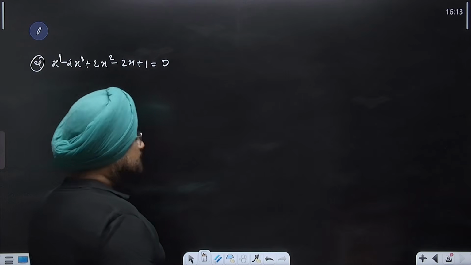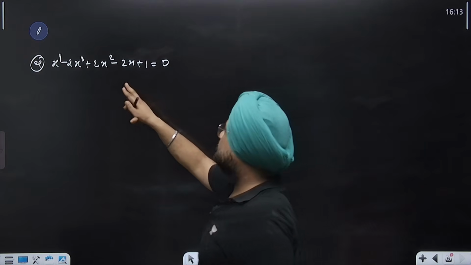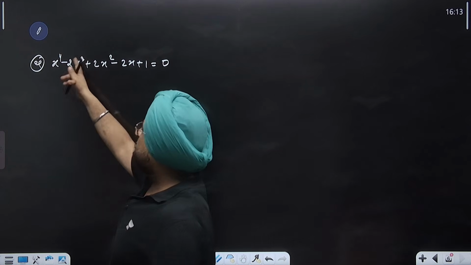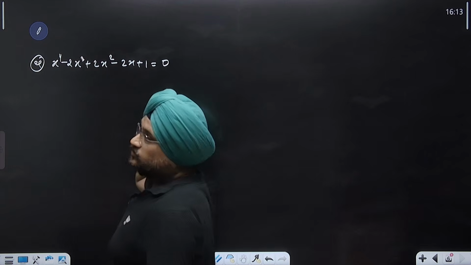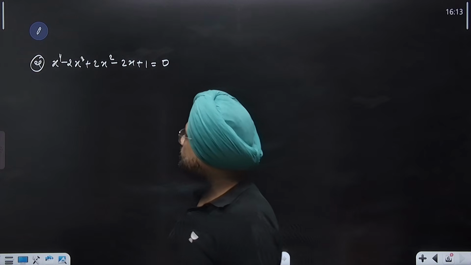See, in this equation, this is a biquadratic equation and the coefficients from the beginning and end terms, the leading coefficient, is equal to the constant coefficient. The coefficient of x cube is equal to the coefficient of x, and the coefficient of x square can be any number.